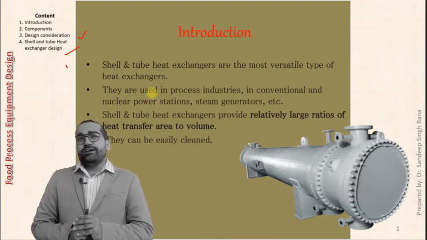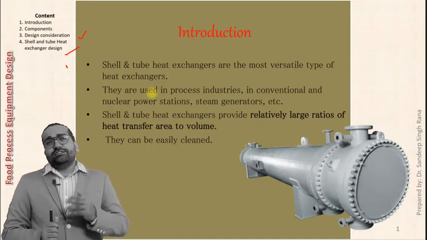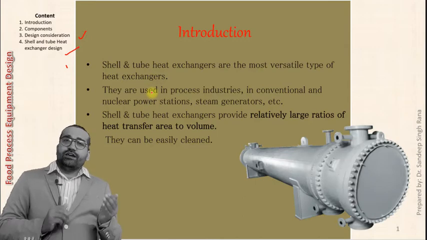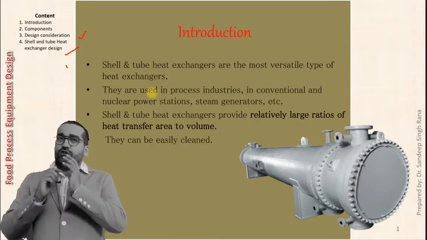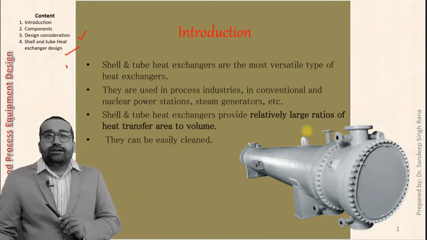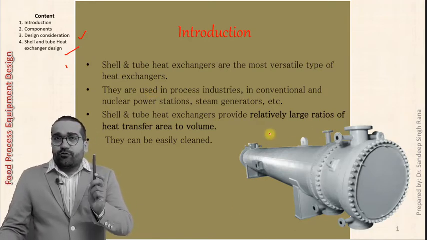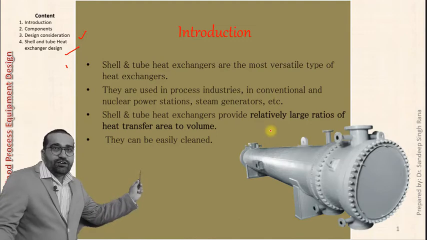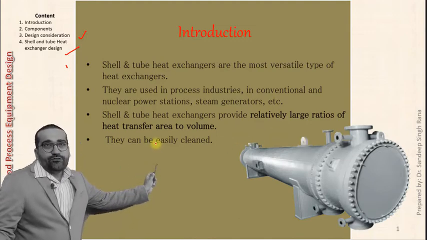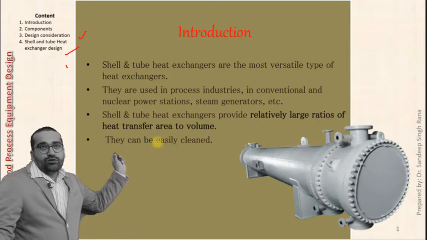Shell and tube type of heat exchanger provides a relatively large ratio of heat transfer area to the volume. This is important, that it provides a relatively large ratio of heat transfer area to the volume.